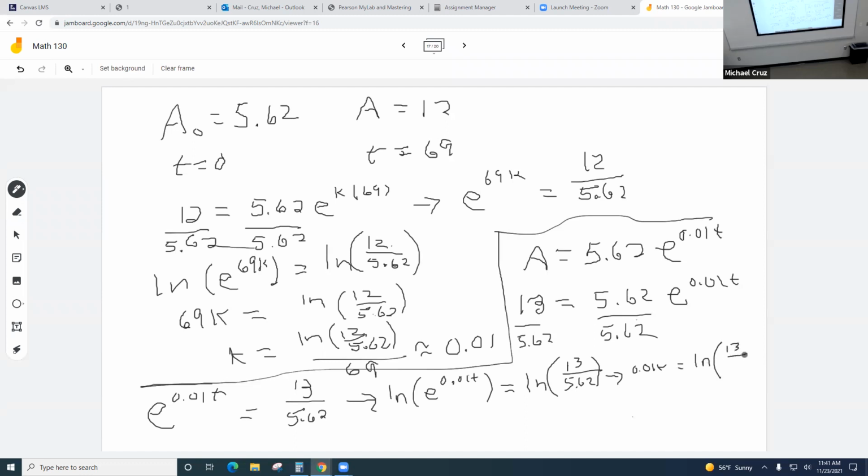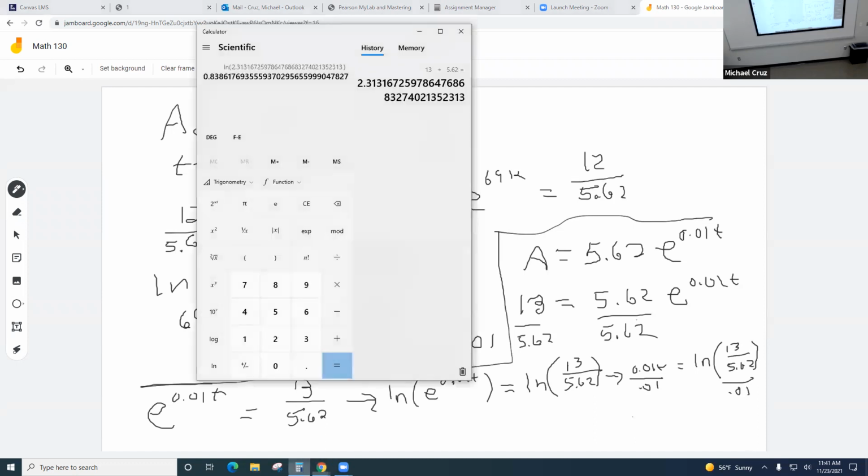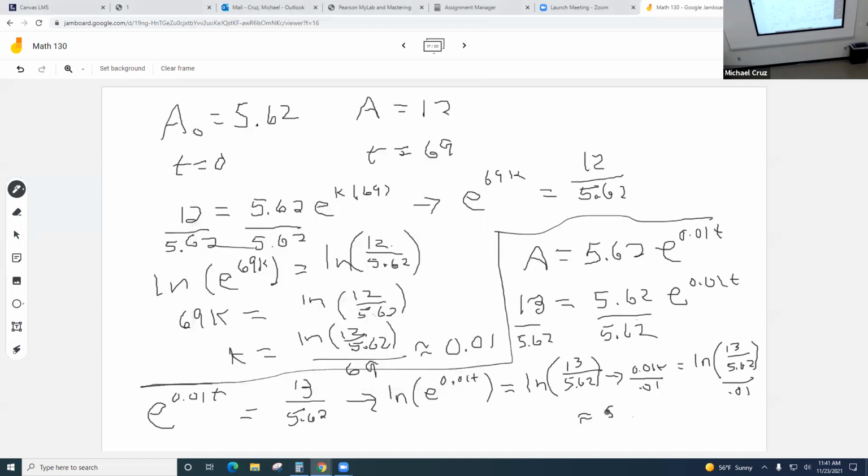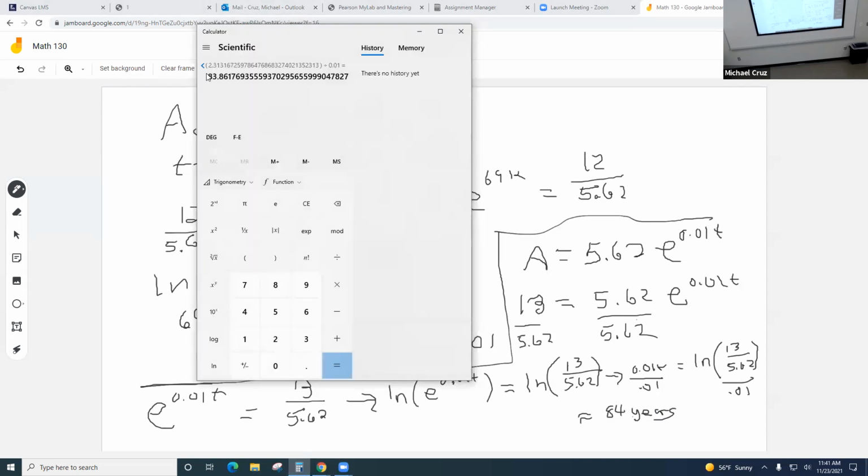So then, so 84 years. So almost 84, rounded to the nearest year.